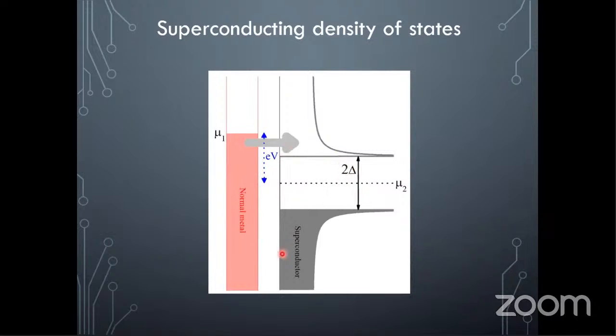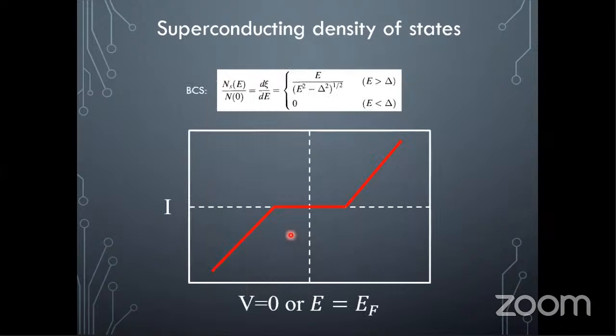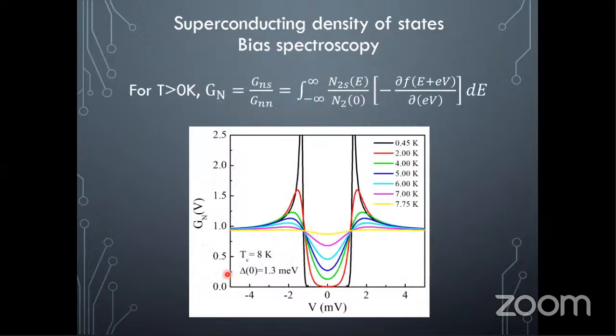But again, there will be tunneling if mu1 becomes less than mu2 minus delta, somewhere here. So depending on that, the IV characteristic for superconductor to normal tunneling looks like this red curve here. This is just drawn by hand, so don't take it seriously, but this one is done seriously.